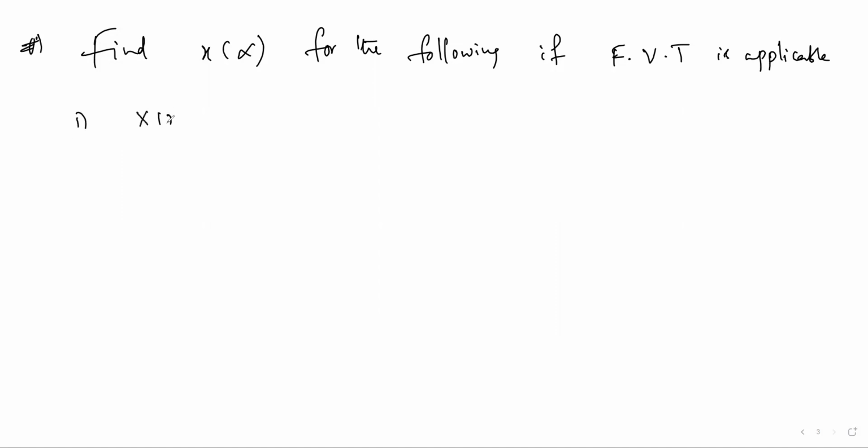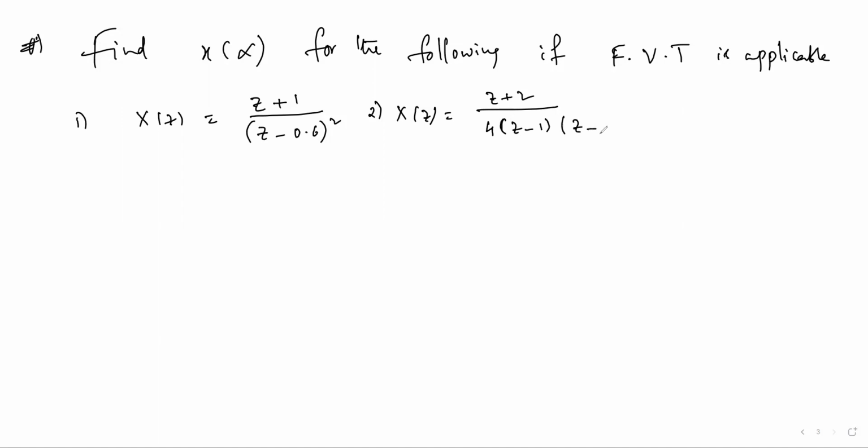First, X(z) is (z plus 1) divided by (z minus 0.6) whole square. Second one, X(z) is (z plus 2) divided by 4 into (z minus 1)(z plus 0.7).